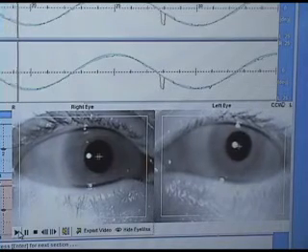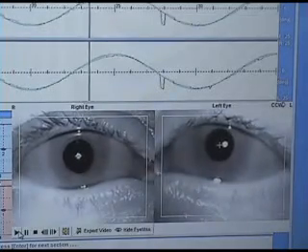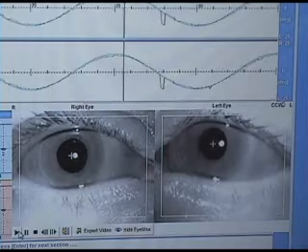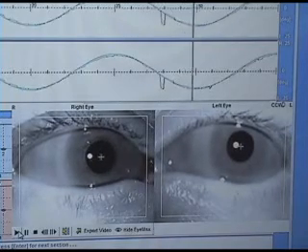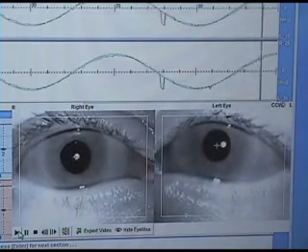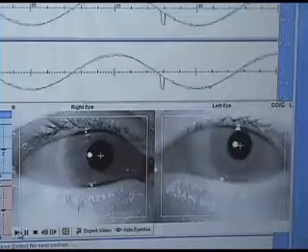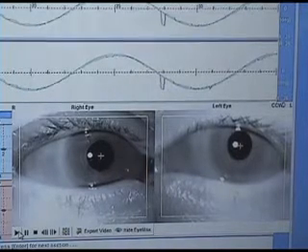Not smooth there. Fairly smooth to the right, and then right there, not smooth. That is a leftward square wave jerk to the left, and that is a left brain, left parietal lobe problem, and that's something that we see again in concussion cases.